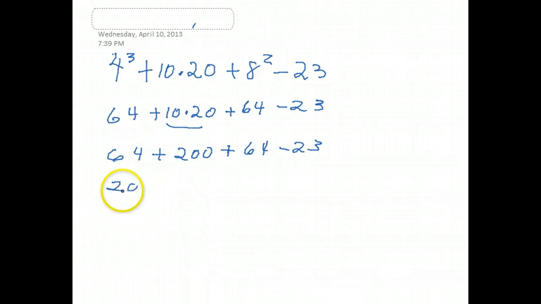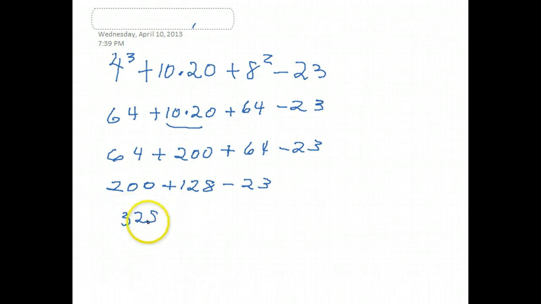So I'm going to do 200 plus 128. Now you notice that when you're adding and subtracting, it doesn't really matter what order you do them in. I just did the 64s together because that's easier, and then I have 328 minus 23, and the final answer is 305.